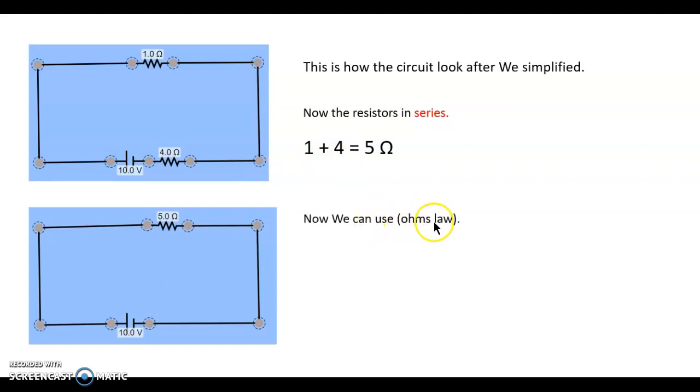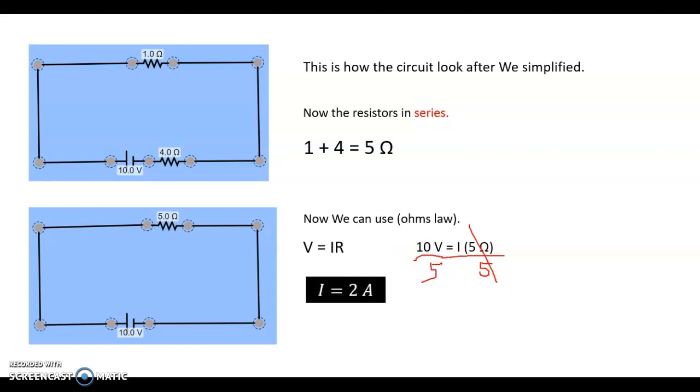Now we can use Ohm's law: V equals IR. I have the V, 10 volts. I have the total R, 5 ohms. I need the current. 10 volts equals I times 5 ohms. Divide each side by 5. Solve for I: I equals 10 over 5, sorry.